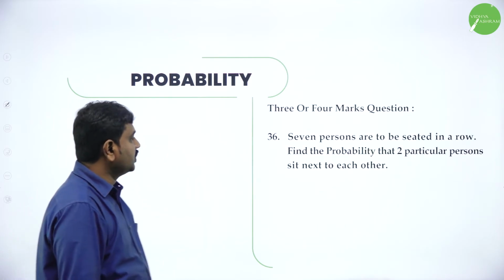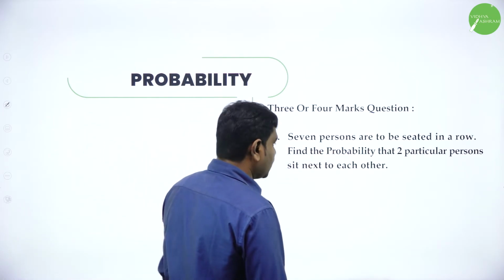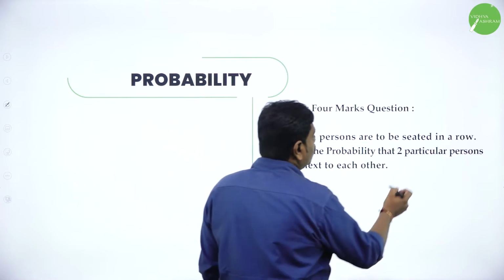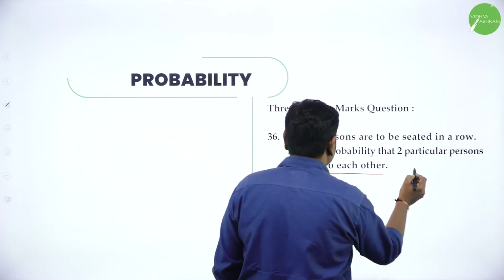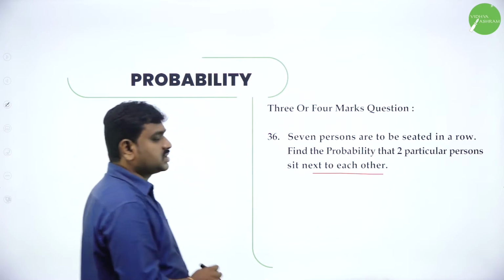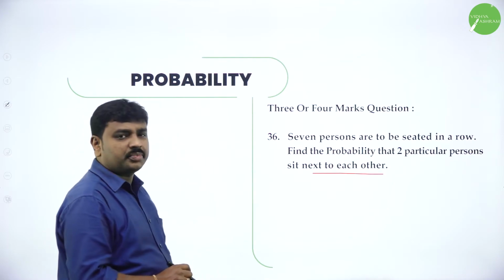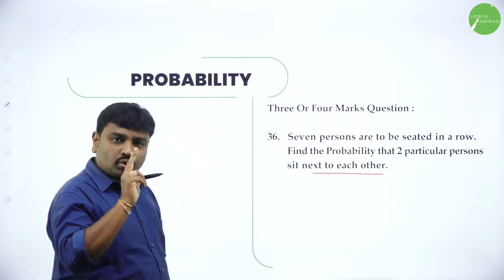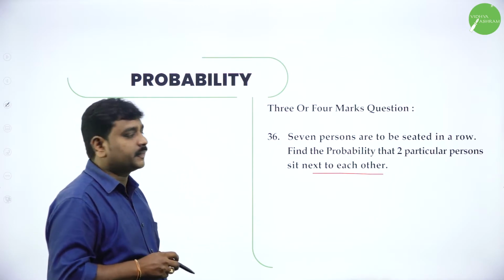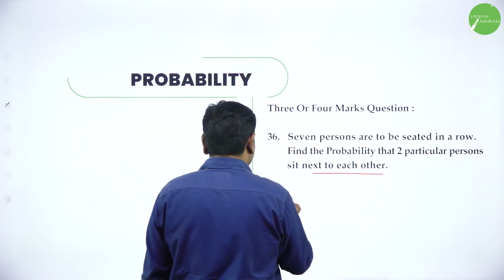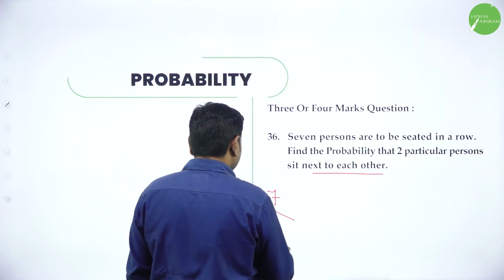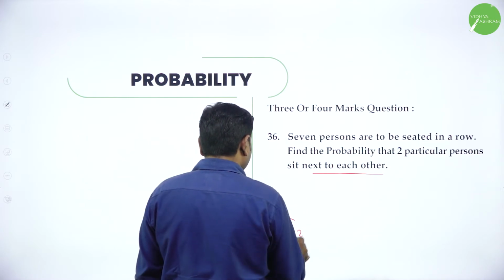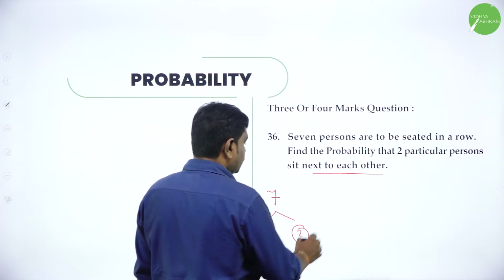Then 7 persons are to be seated in a row. Find the probability that 2 particular persons sit next to each other. There are 7 people. So 7 people, 2 particular persons should sit together. Means 2 particular persons make them as one unit. So 7 people, I'll divide them into what? 5 and 2. These 2 I'll take it as one unit.